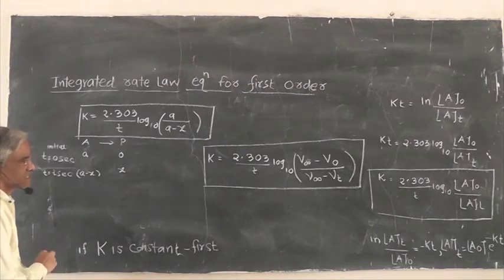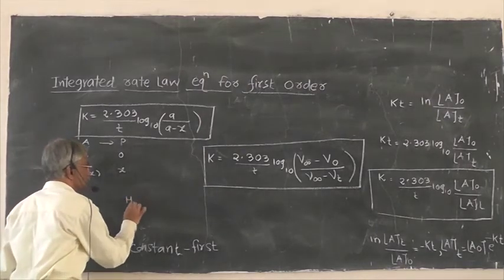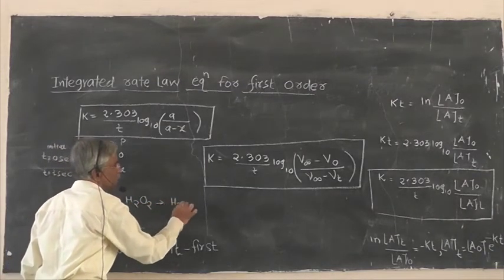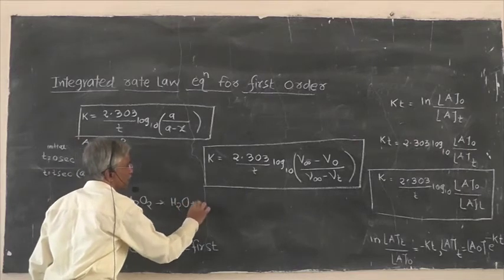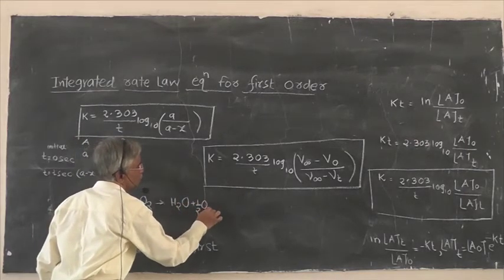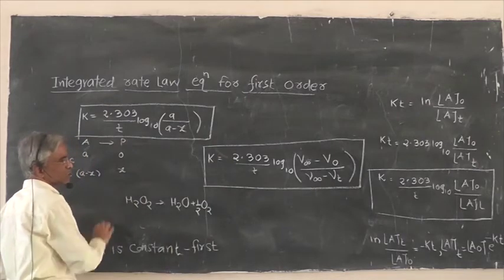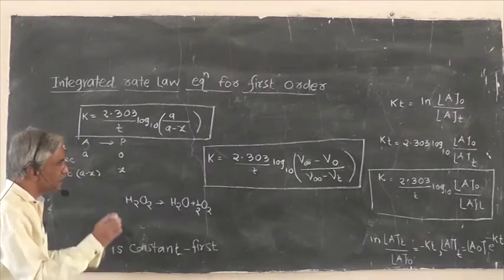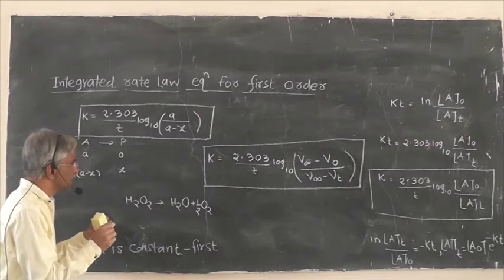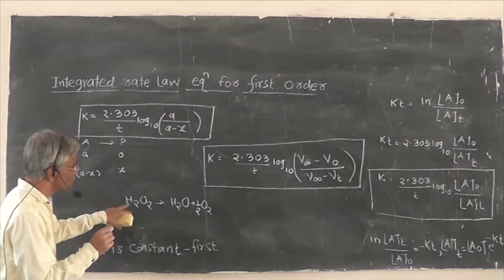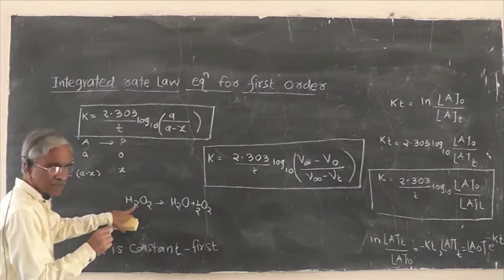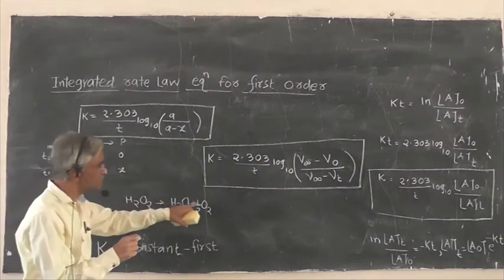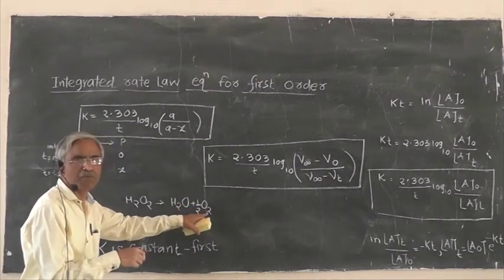In some cases, such as the first order reaction of hydrogen peroxide decomposing into water and half a molecule of O2, or we can write 2H2O2 here also, the reactions are not studied depending upon the concentration of the H2O2 reactant, but depending upon the volume of oxygen obtained in the product.